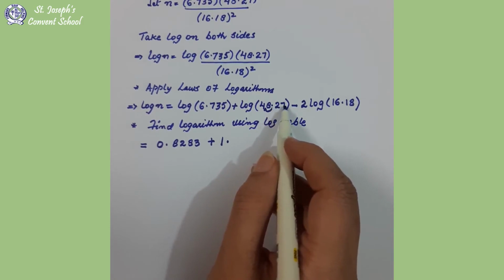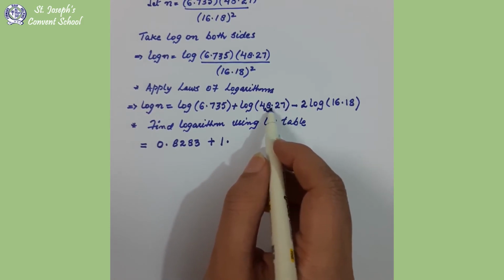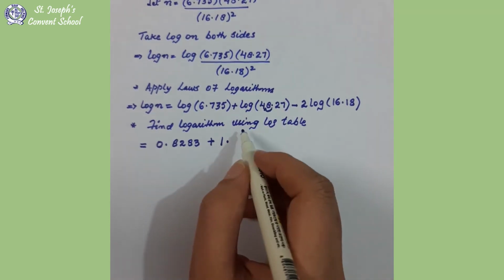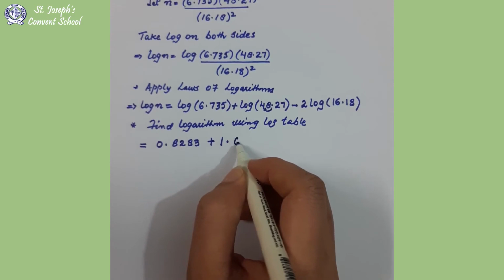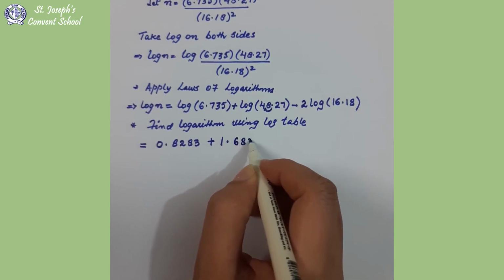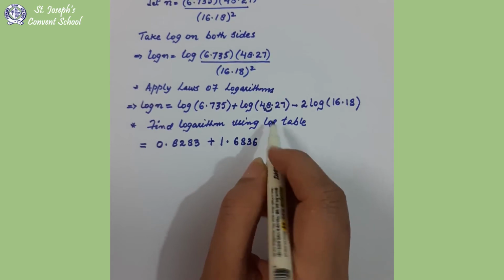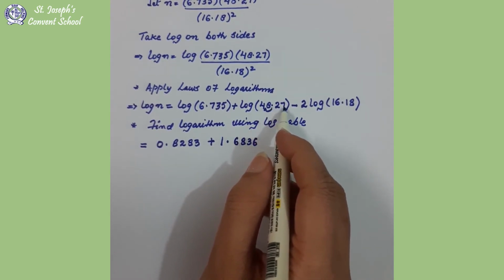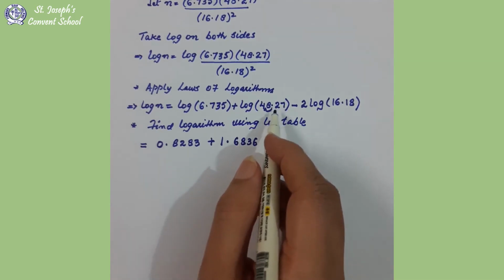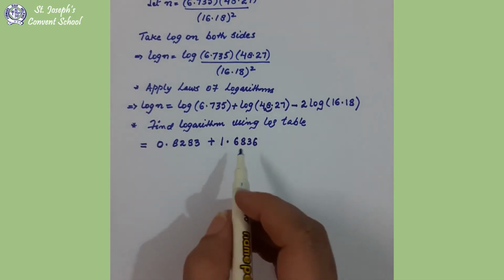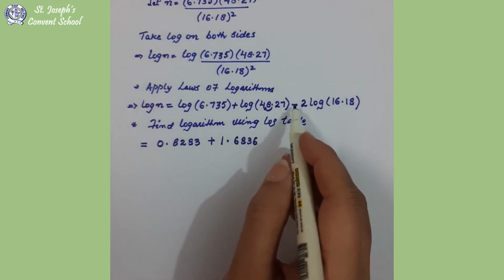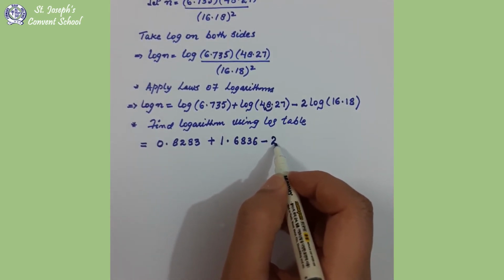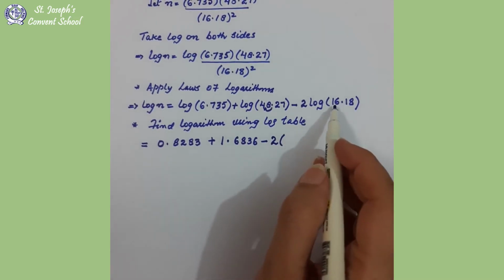Mean difference column 7, value is 6. So we will add both: 6830 plus 6 becomes 6836. Then there is a minus sign, so put minus 2. Now you will check this in the log table.